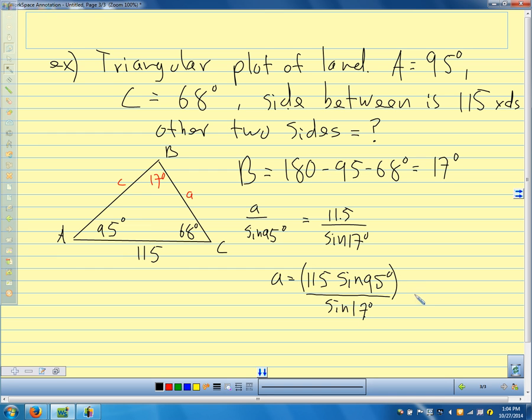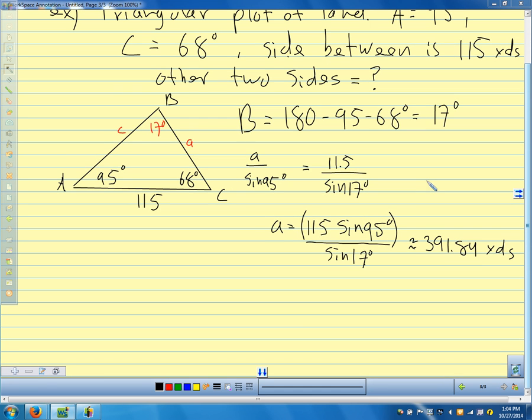Do those just to be safe in our calculators, and I get A is about 391.84 yards, and I just repeat that process to find the other side.